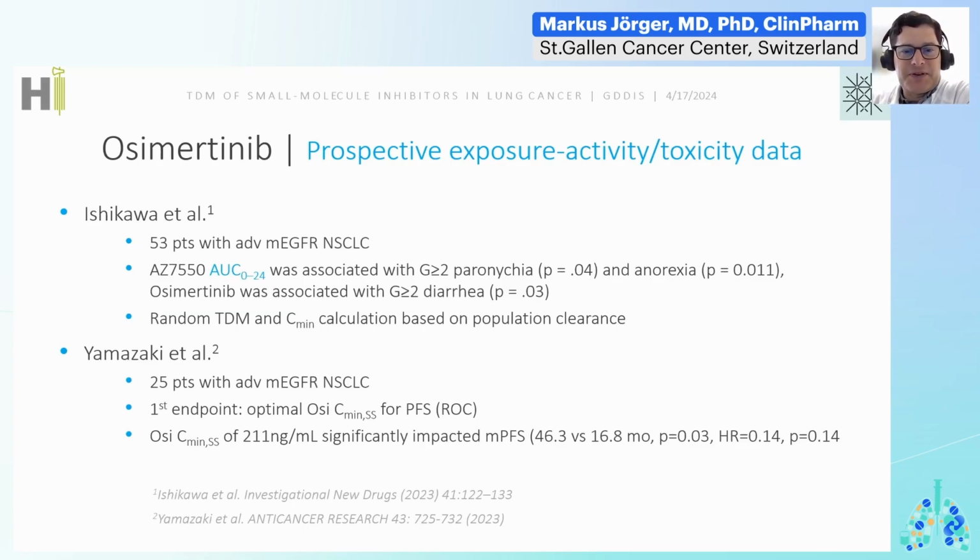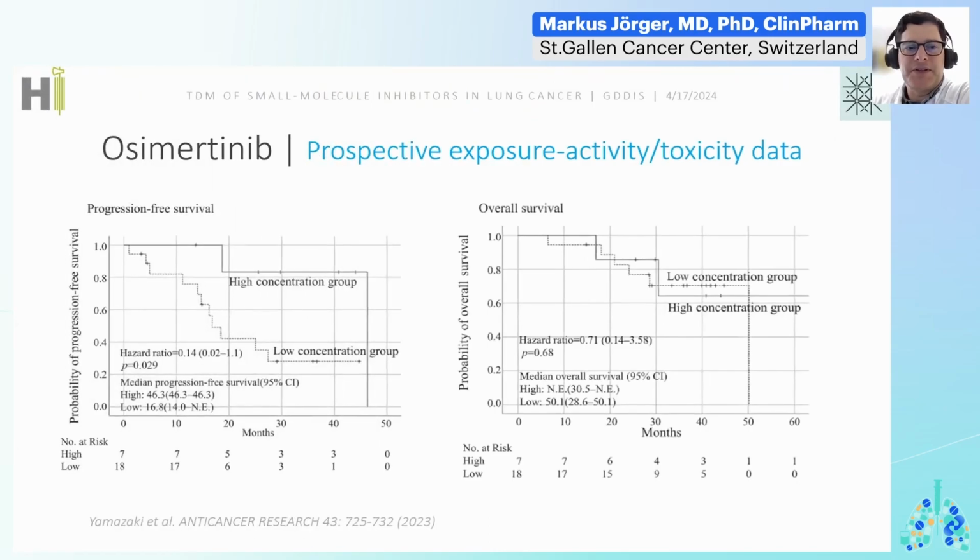So the Japanese colleagues established some correlation of exposure or C trough levels with either activity but also some skin toxicity. This is not so unexpected because from the first generation EGFR inhibitors we also already knew that there was at least a dose skin rash association.